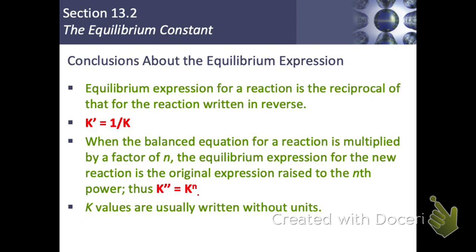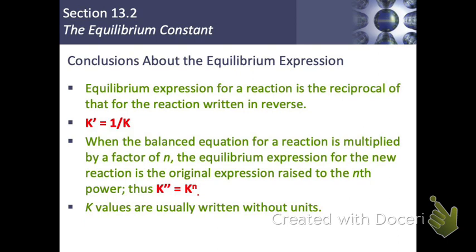The equilibrium expression for a reaction is the reciprocal for the reaction written in reverse. So we said K prime is equal to 1 over K. If we want the equilibrium constant for the reverse reaction, we just take the inverse of that. When the balanced equation for a reaction is multiplied by a factor of n, in our case 1/2, the equilibrium expression for the new reaction is the original expression raised to the nth power.